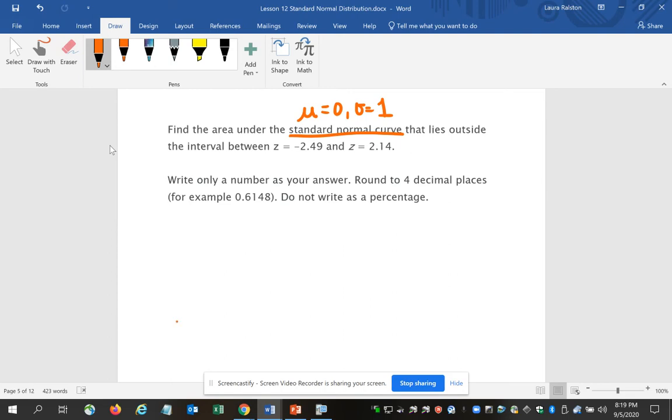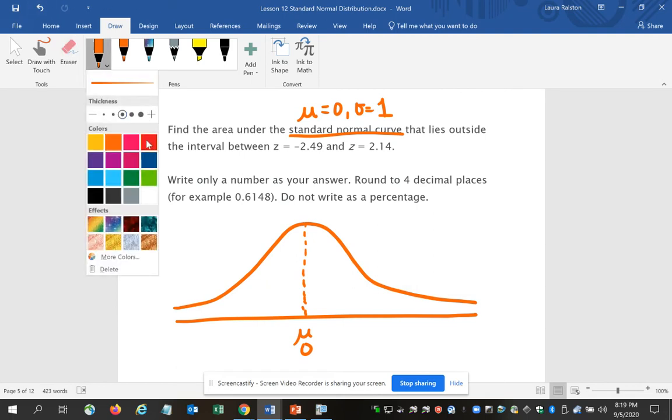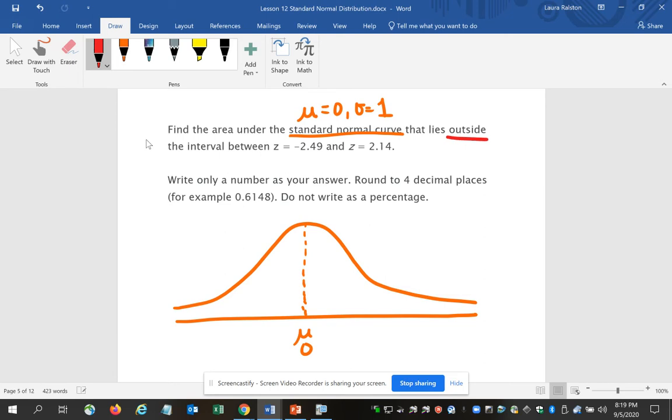So we have a horizontal axis and our bell-shaped distribution. The mean is in the middle, which is 0. And it says that lies outside the interval between negative 2.49.